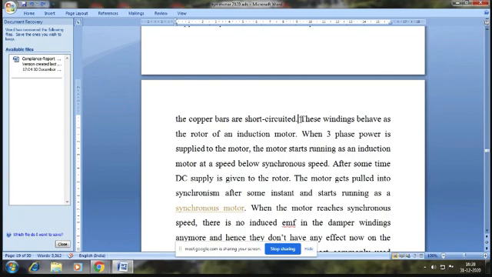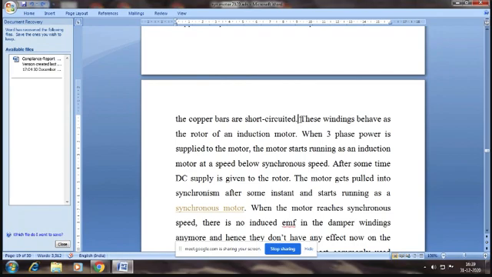Yes, sir. So when I apply a voltage to the stator, I'm talking of induction motor, a rotating magnetic field is produced. That is true with the synchronous motor as well. But in addition to that, in induction motor this rotating field will induce voltage in the rotor also. And that will drive a current only if the rotor circuit is closed.